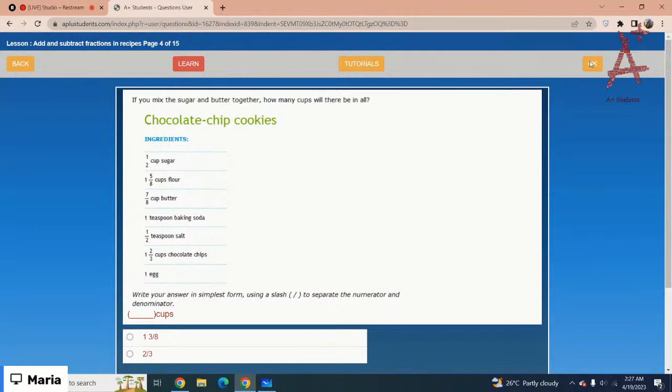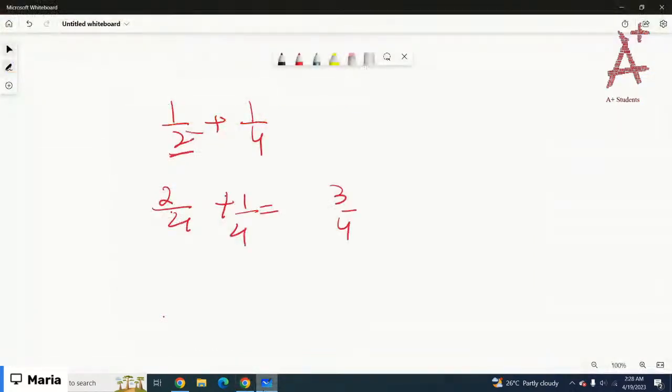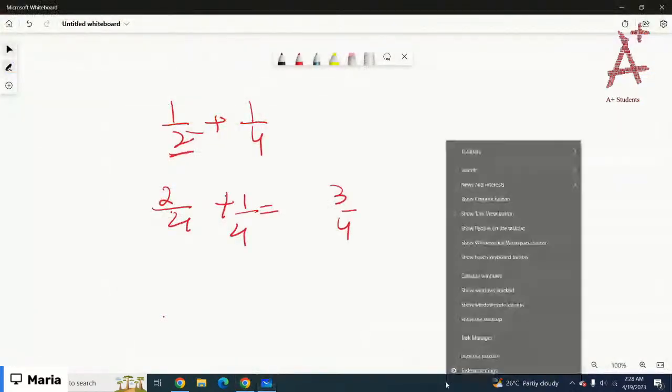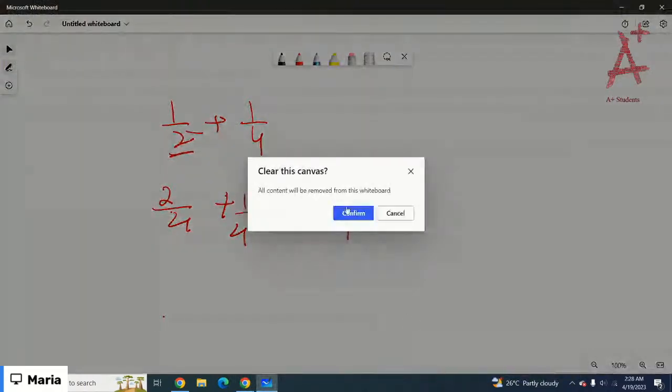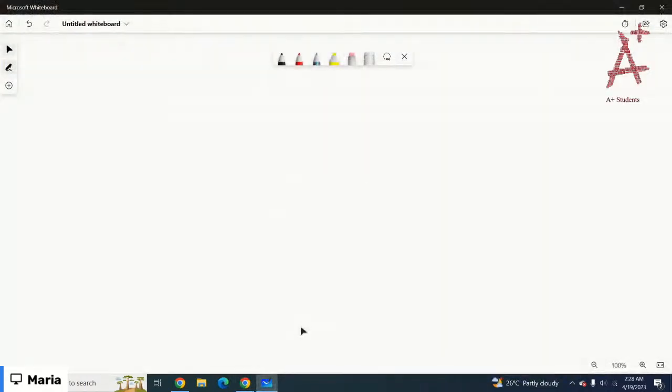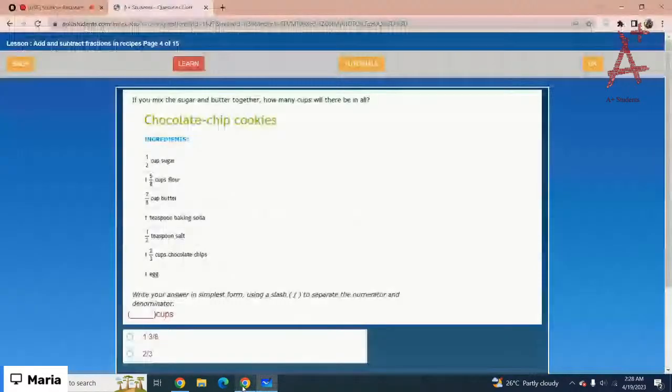Sugar is 1 by 2 and butter is 7 over 8. So you have to add 1 over 2 and 7 over 8. Got it?